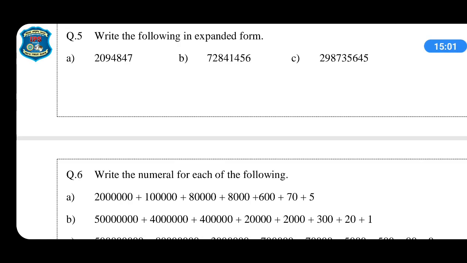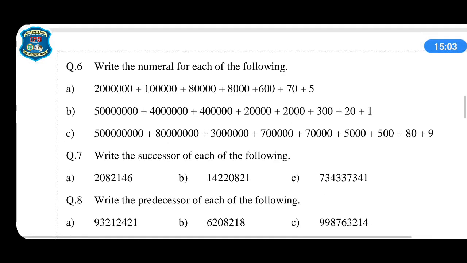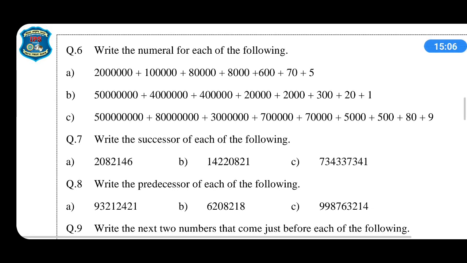Now the sixth question is again the reverse of the question number 5. The expanded form is given here. You have to write the numeral for each of the following, right? So first you have to read the number carefully.